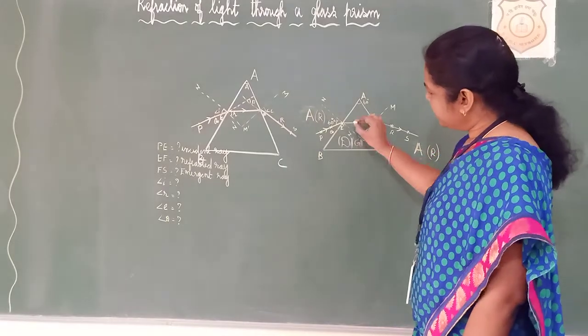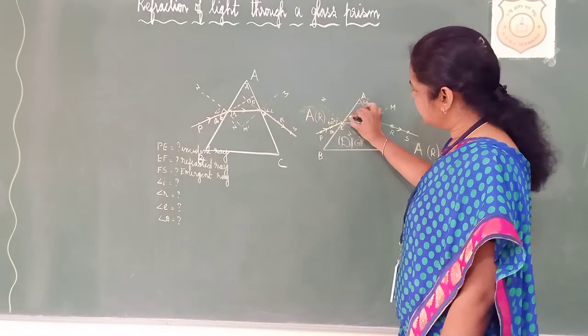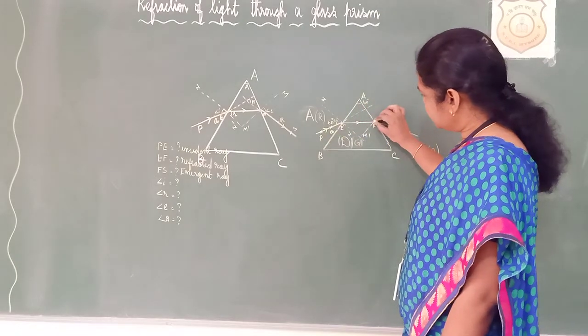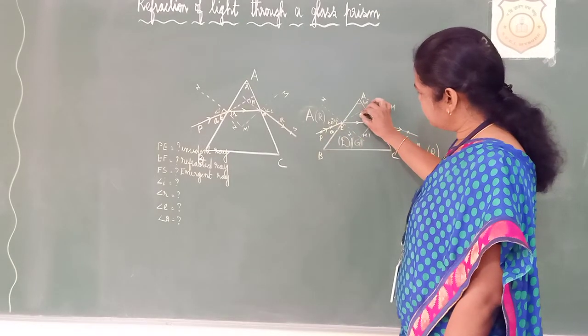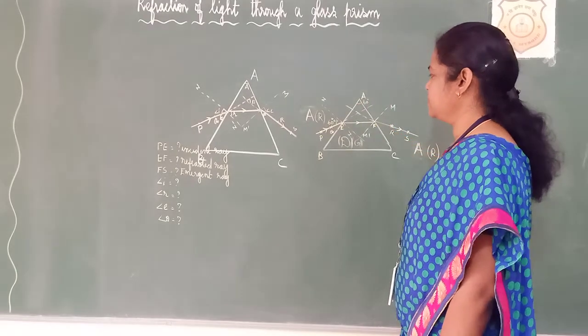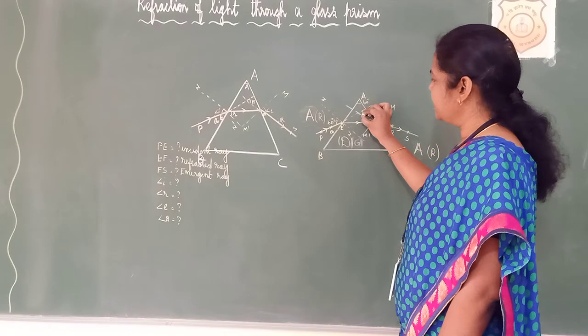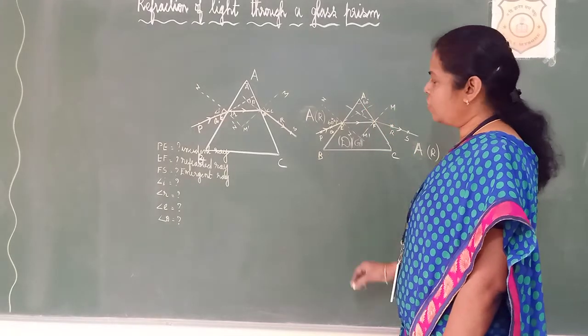In the same way, you extend this incident ray forward, and you extend this emergent ray backwards. And you will get one angle here.